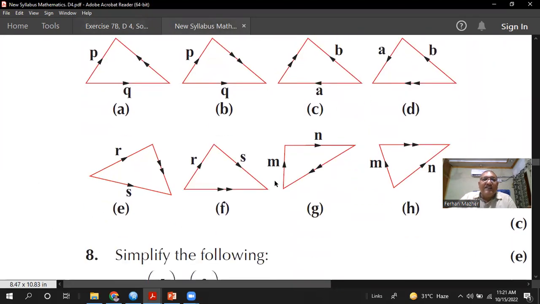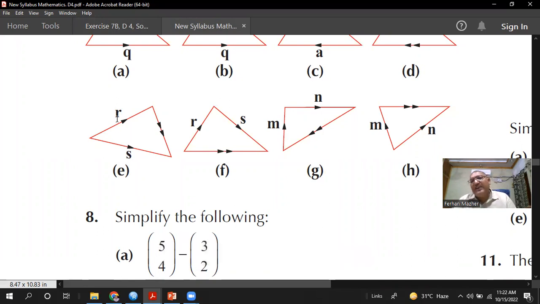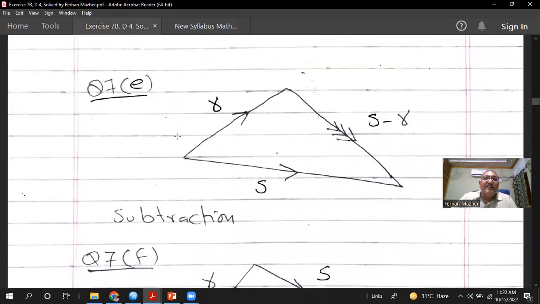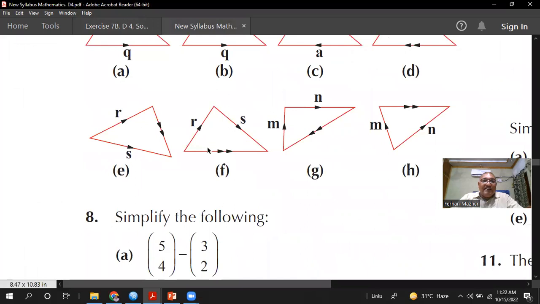Okay, the next one, the E part. Here again, you can see the tails of R and S are joined together and the triangle is completed. This represents a subtraction. When you look at the resultant vector, you have put the arrow towards the head of the S. So this subtraction is S minus R. Okay, this one.